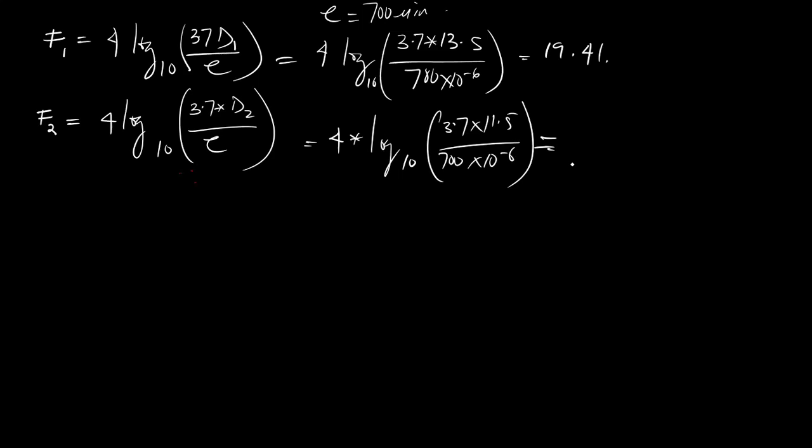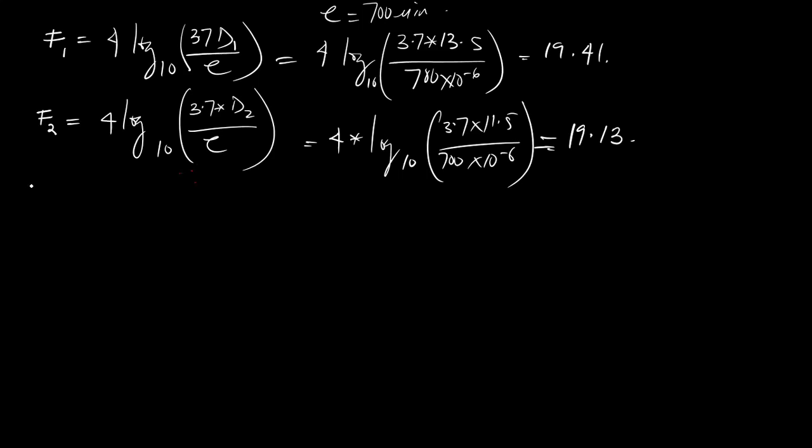So we have 4 times log of 3.7 times 11.5 divided by 700 times 10 raised to power minus 6, equal to 19.13.